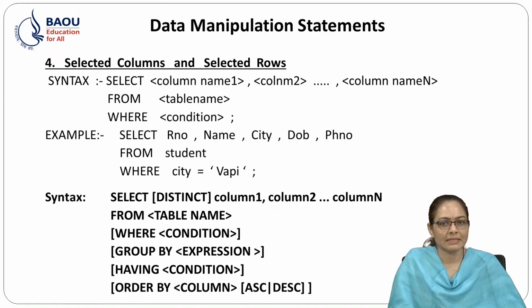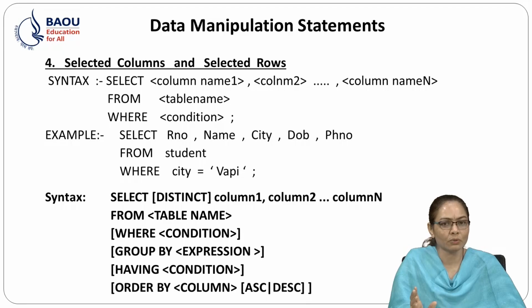Here the distinct is used in a select command. The distinct is used with the select command when we display the records without duplication. See in the syntax, if we display all the records of the student table, there are so many repeated records in the student table. So how can we display only unique records?